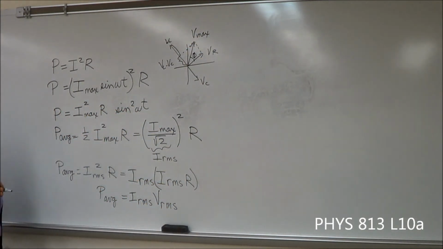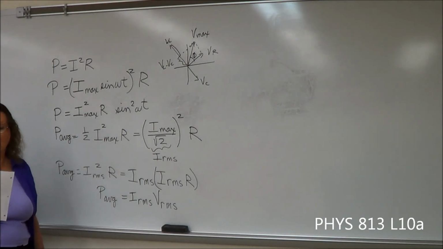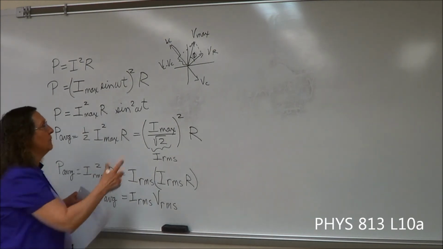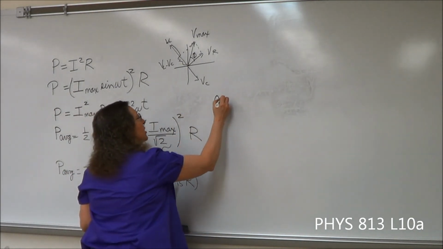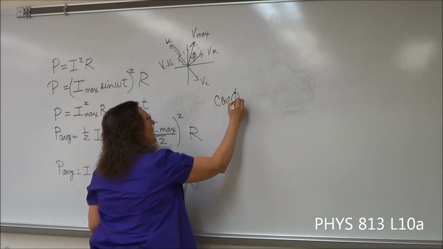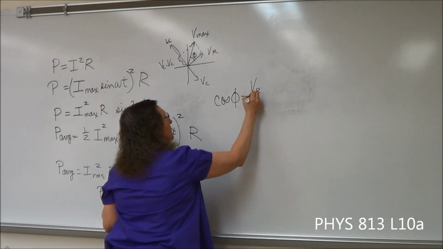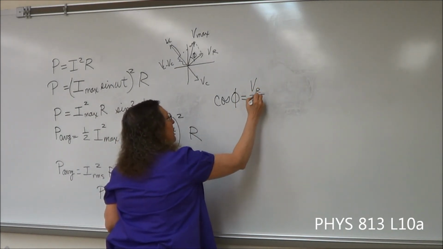It's probably going to be better if you look back at the one that you drew on the top of page 83. If we look at the phase angle, we can see that the cosine of the phase angle is VR over V max.